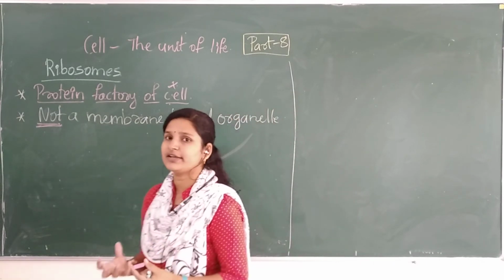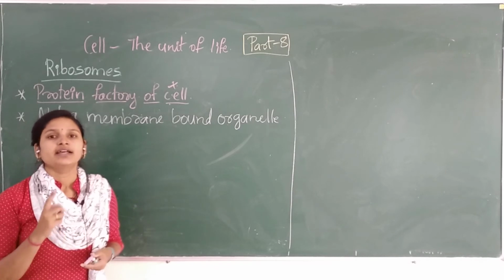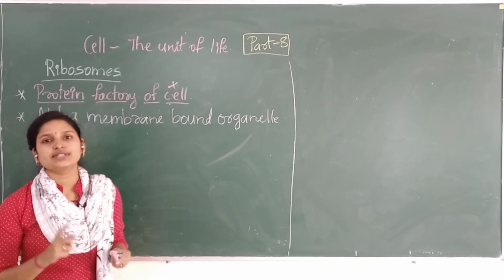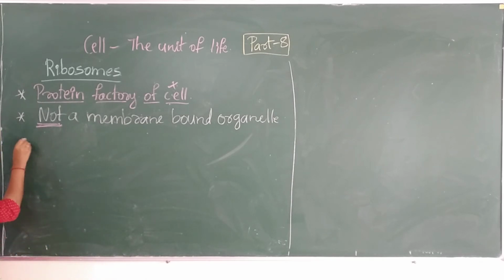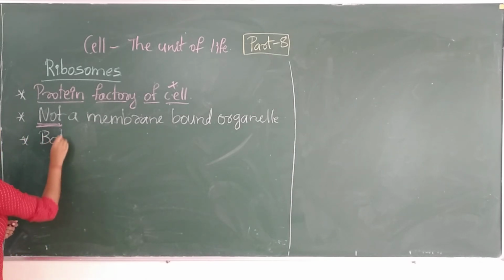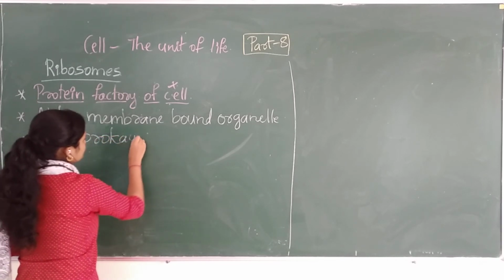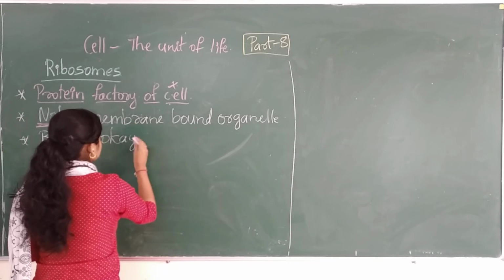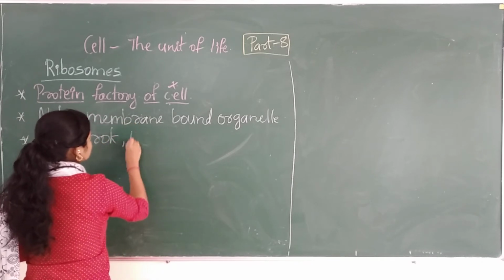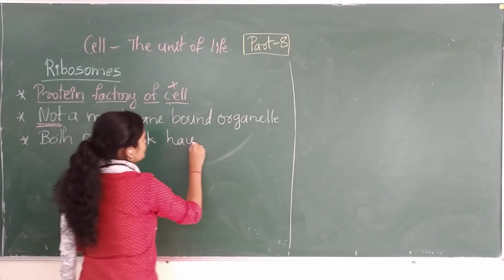While differentiating between prokaryotes and eukaryotes, we have read the similarity that both have ribosomes.